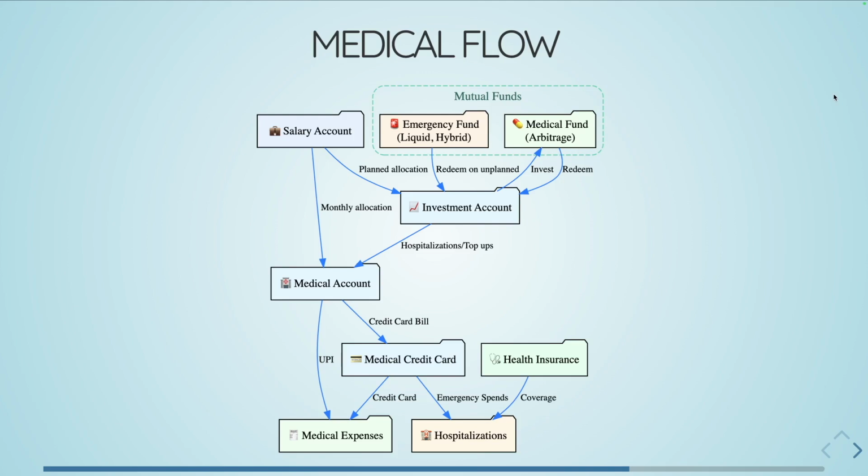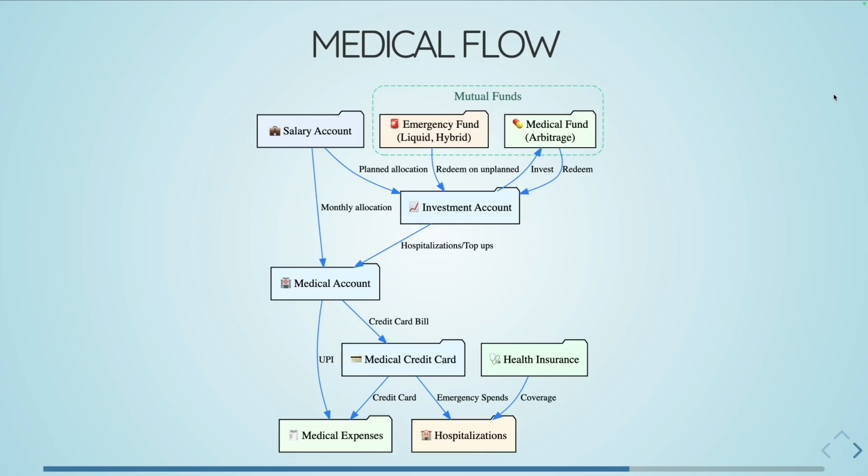So there is some event in future that needs to be taken care of, has to be accounted for and planned upfront, and it flows into the investment account, into the medical fund, and it keeps accumulating. Once a treatment happens, it is redeemed, and it flows back into the medical account, and then to pay the credit cards and so on.